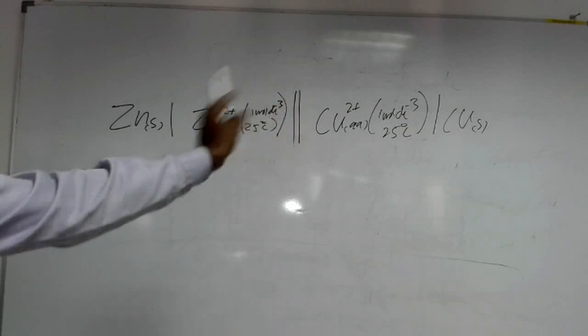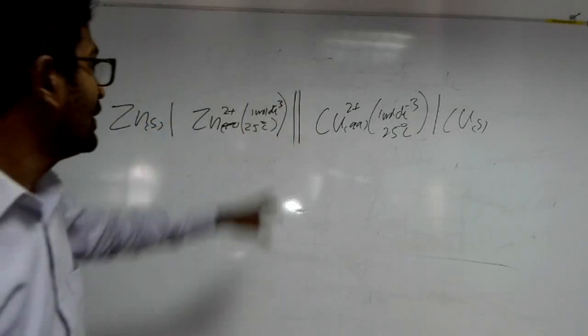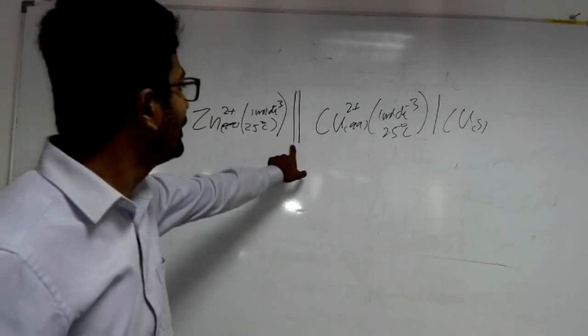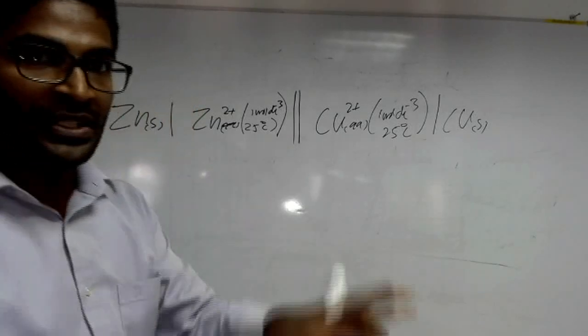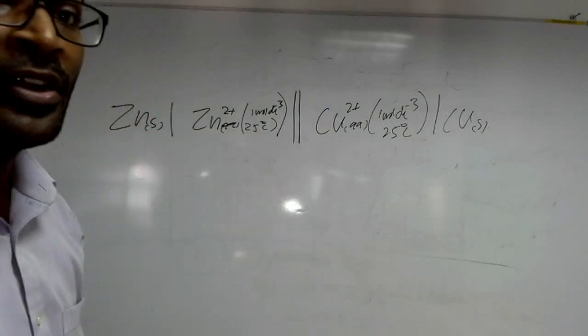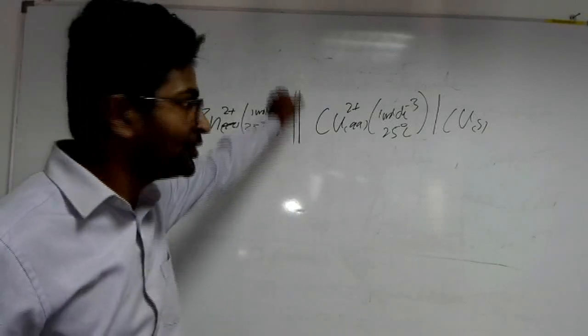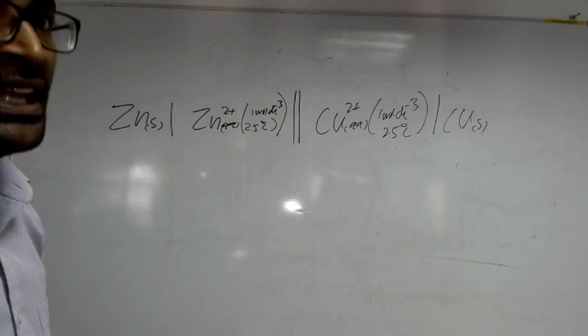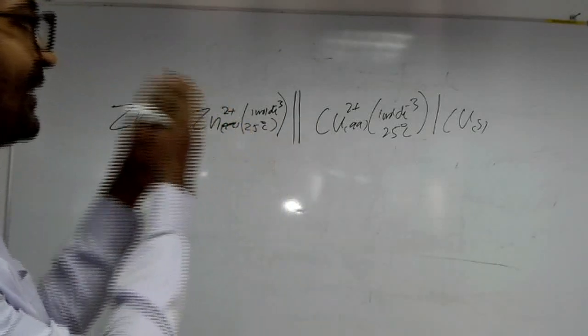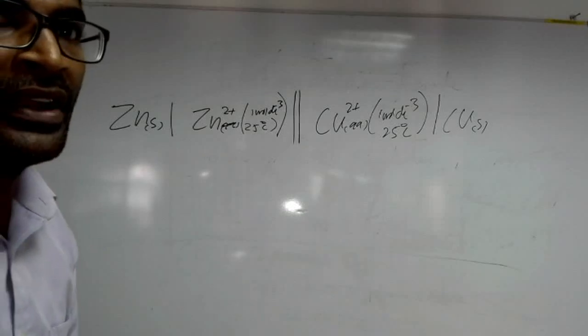According to this, you only have to mention the concentration, and the separation between the electrodes as a liquid junction or a salt bridge. Here we use a salt bridge, therefore we use two vertical lines. So this is the standard cell notation. According to it, you can also find the EMF value.